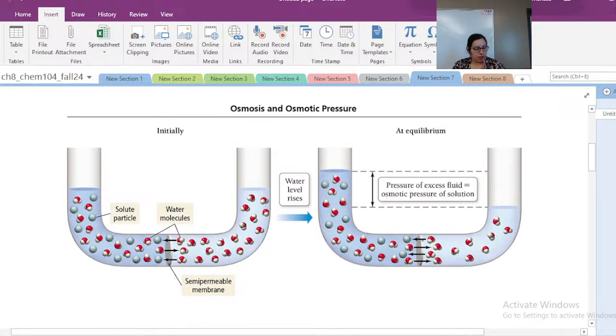To achieve equilibrium, the water is going to flow from the right side to the left side to equilibrate that osmotic pressure. That's what's being measured here. So this rise in the fluid is equal to the osmotic pressure of the solution.